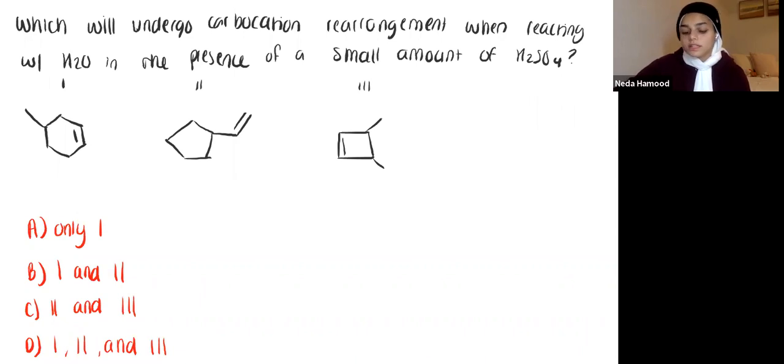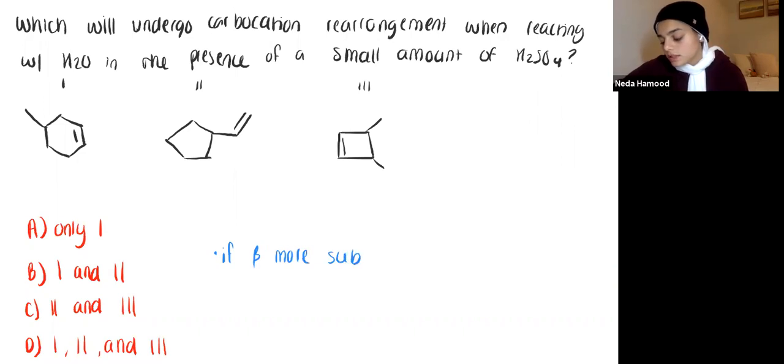I'm going to give you guys a hint: if beta is more substituted than alpha, then it does rearrangement.